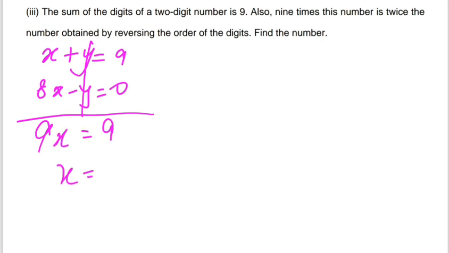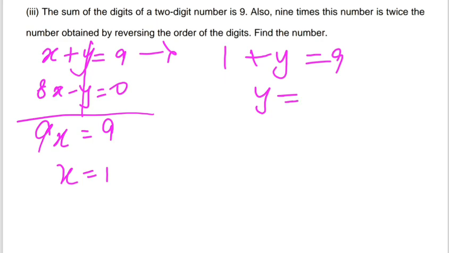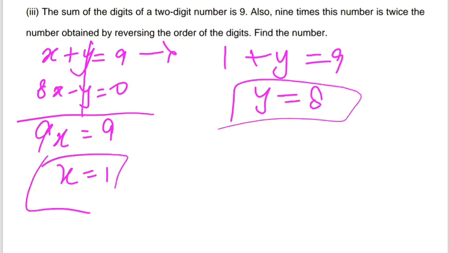So x will be 1, and putting x equal to 1 in equation 1, 1 plus y is equal to 9. So y is equal to 9 minus 1, that is 8. So this is our x value and y value. We assumed this should be xy, so xy is 18. So the two-digit number is 18.